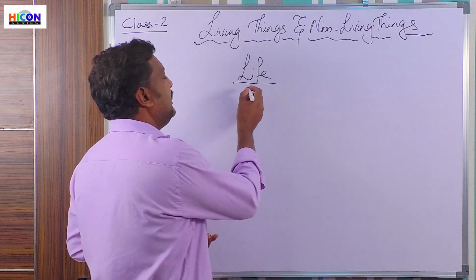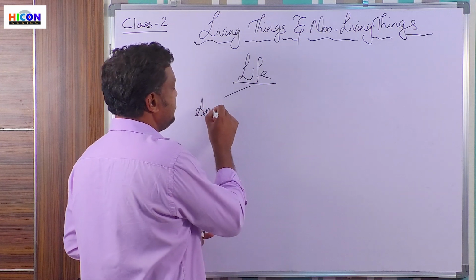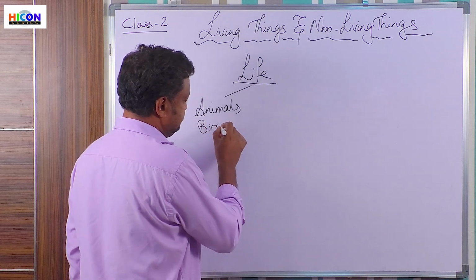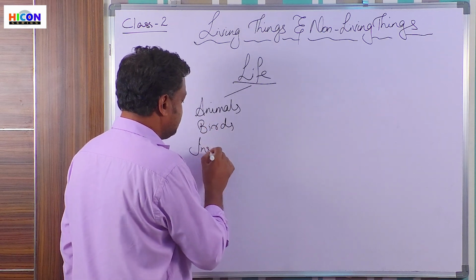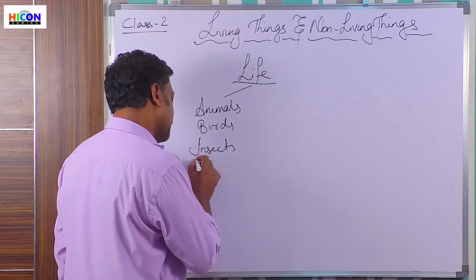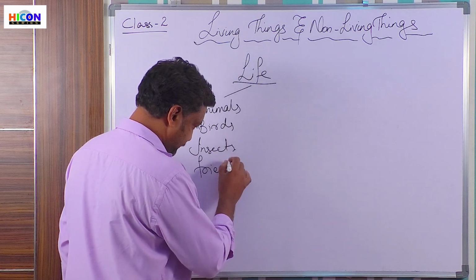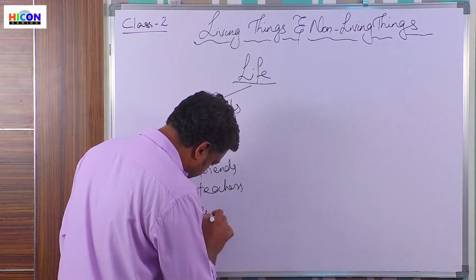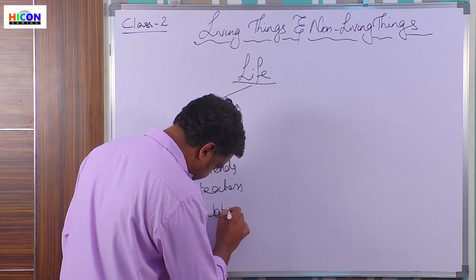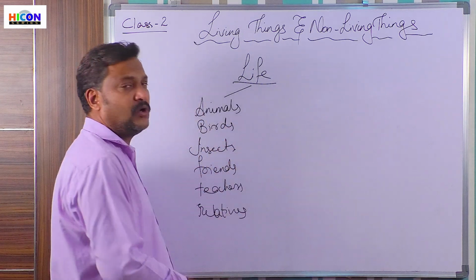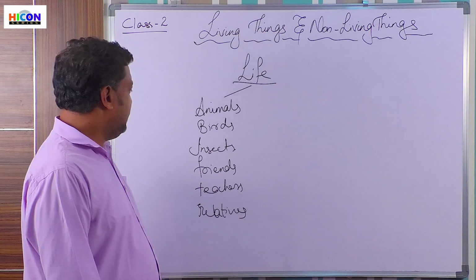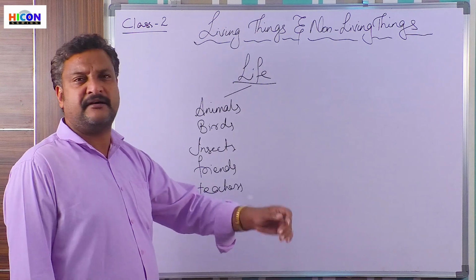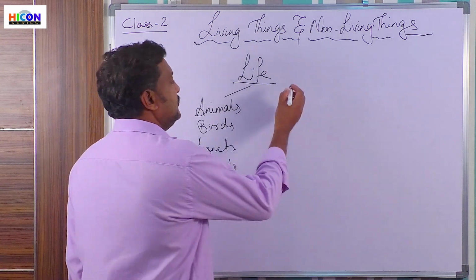Those that have life are animals, birds, insects, our friends, teachers, relatives, and so on. So friends, relatives, teachers, insects, birds, animals, all these things have a life.